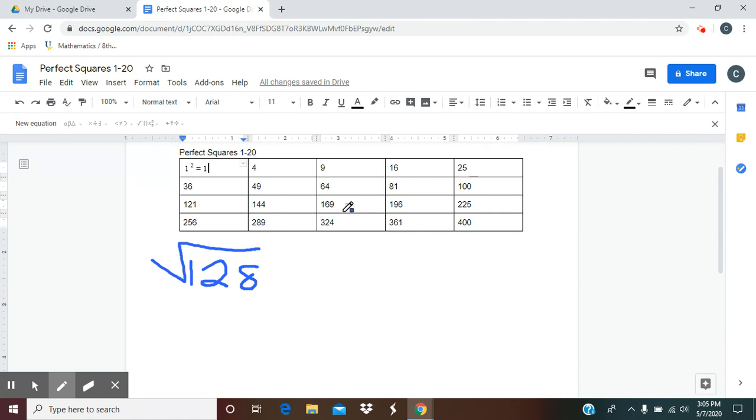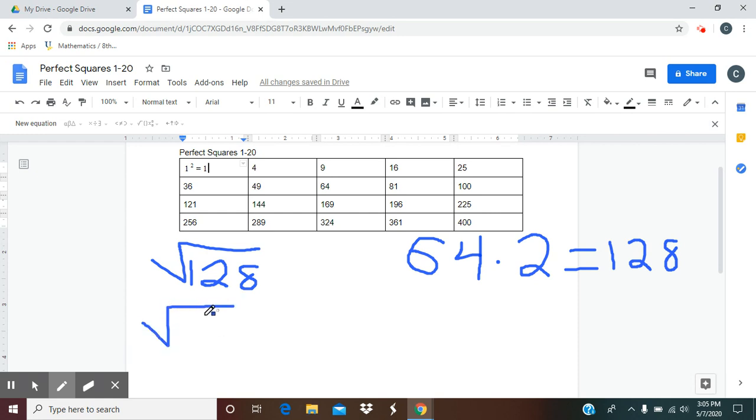That one does work. 64 times 2 equals 128. So this is a way that I could factor the number. So I'm going to change this to the square root of 128 is equal to the square root of 64 times 2.